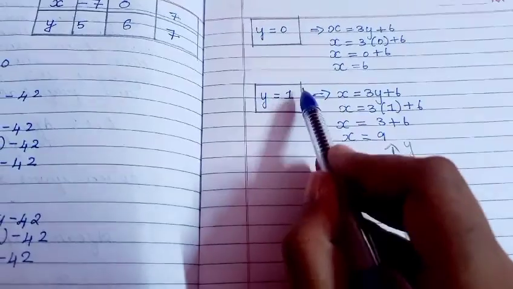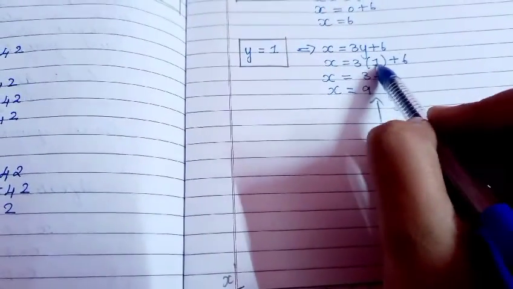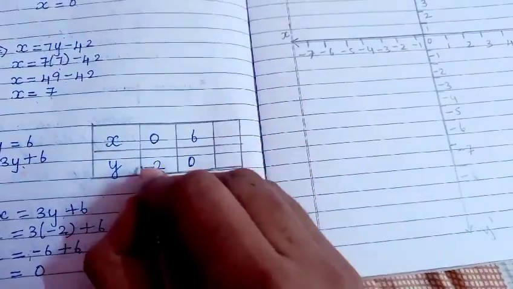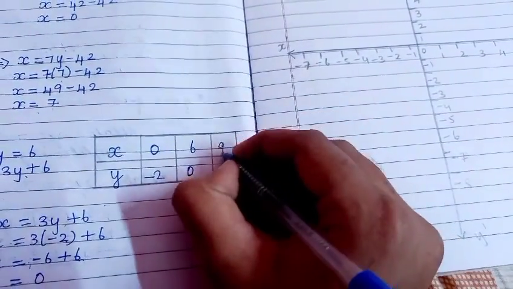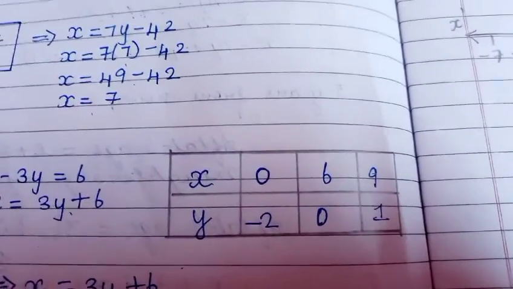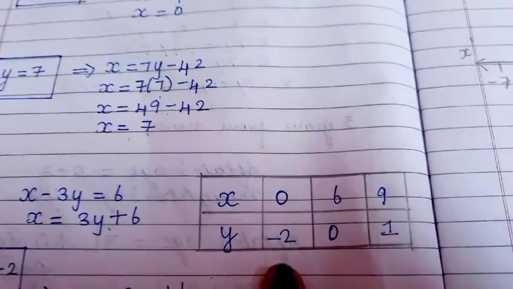Now y is equal to 1. This is my third one, and instead of y here, we replace 1. 3 times 1 plus 6, 3 plus 6, 9. So my third pair is y equal to 1 and x equal to 9. So these are my second equation's variables. This is what will be our coordinates for the graph. Now let's go to the graph.